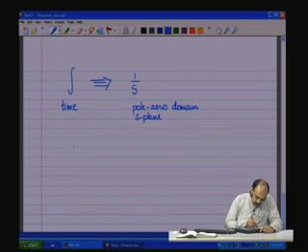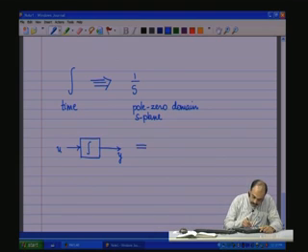So, now the integrator as such, with the input u and output y, can be represented in the pole zero domain as follows.